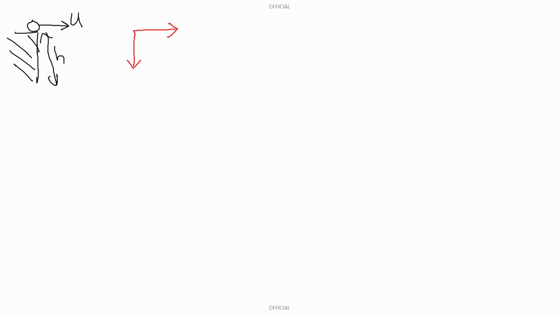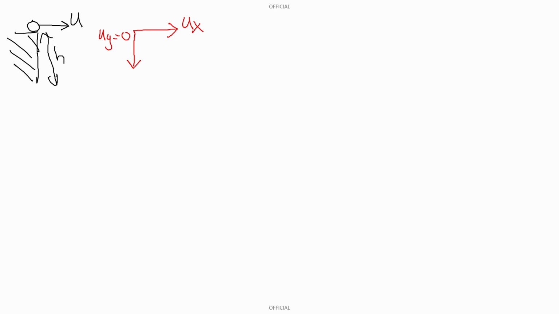So in this direction, I've got a value of ux, which is whichever velocity I kick the ball with. In this direction, uy is going to equal 0 because I haven't given it any downward velocity. We know that it's going to fall a distance h.